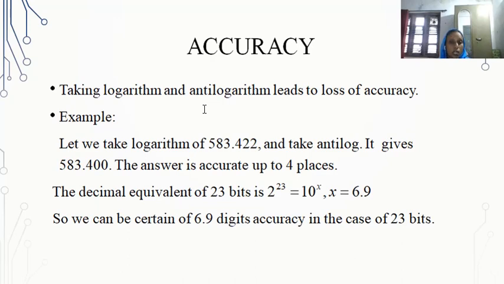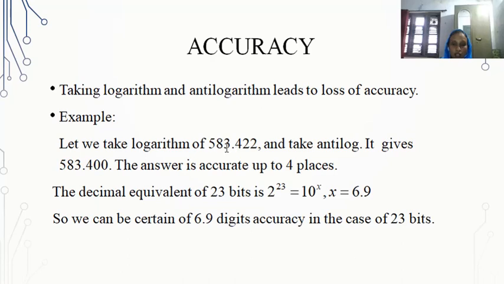Now about its accuracy. We have to take log and anti-log in this conversion process, so it reduces the accuracy. For example, suppose we have to take the logarithm of 583.422 and take its anti-log.